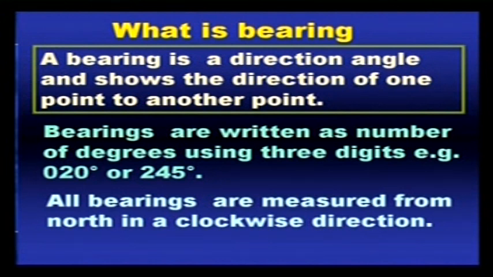I have given you two examples. The first example, as you can see from the screen, is 020, but we read that bearing as 20 degrees. The way to write it is on the screen.